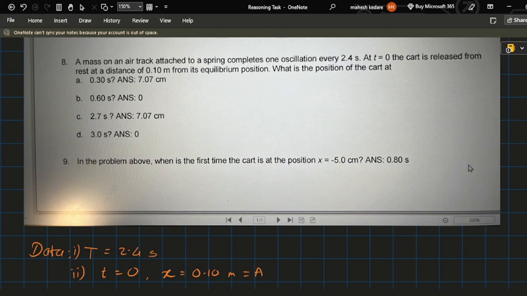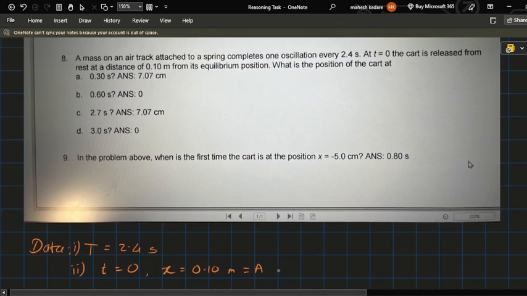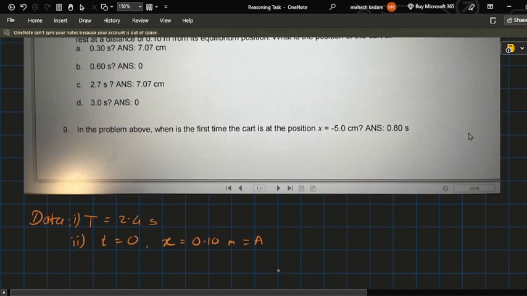It will turn back, reverse its direction of motion from an extreme position on the other side, and will again start moving toward the equilibrium position, and the oscillation will keep going. The maximum distance from the equilibrium position will always be 0.10 meter on either side of the equilibrium position. We have to find the position of the cart at t equal to 0.3 seconds.